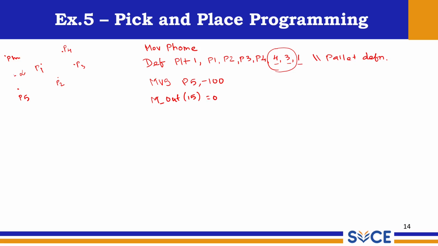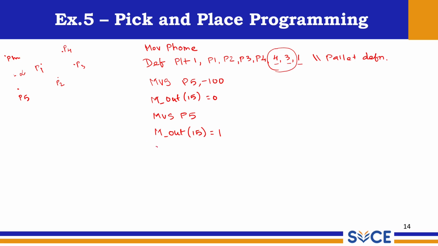If the gripper has not opened, we are asking the robot to open the gripper to hold the part. What is the next thing? MVS P5. Now the robot is at the base point and we want the robot to hold the part. M_out 15 is equal to 1. Now the part has been picked up.